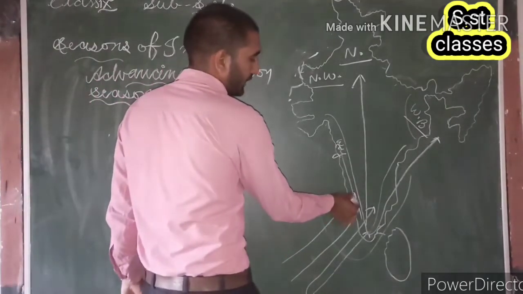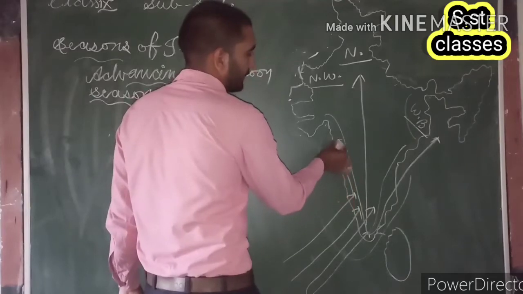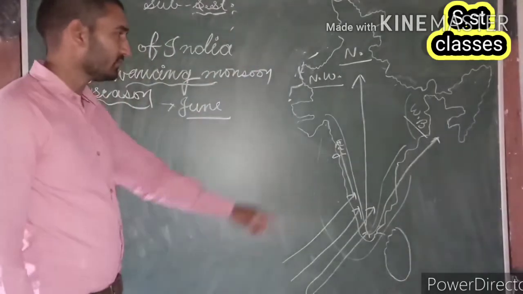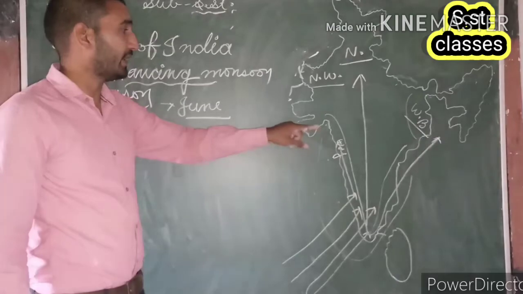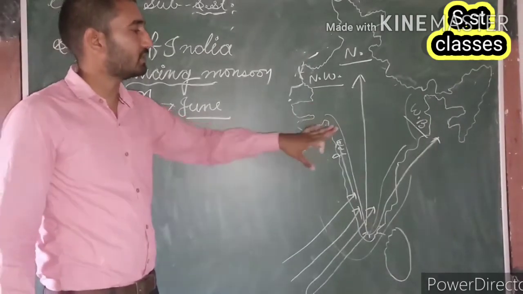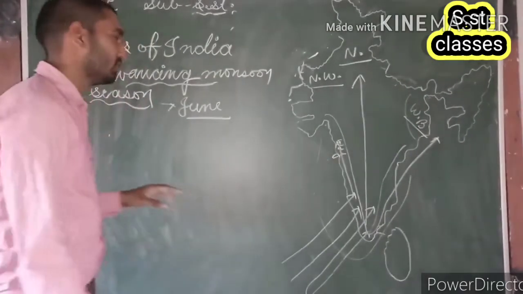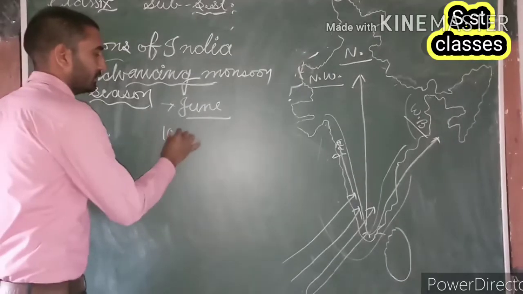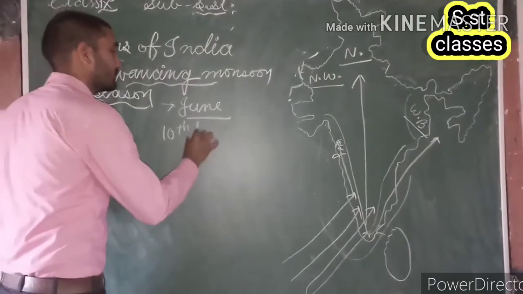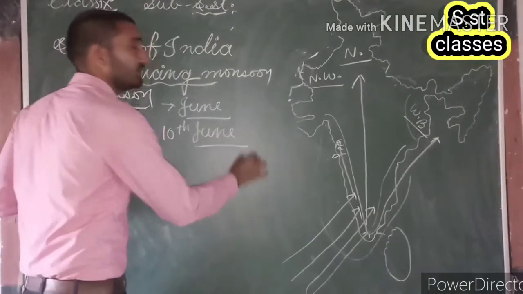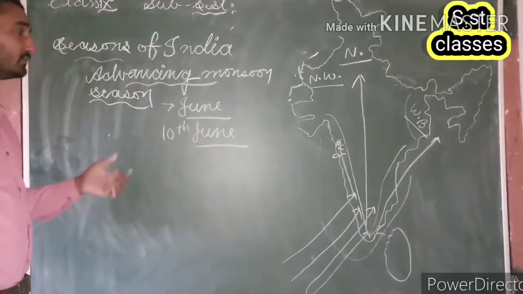And this Arabian Sea branch advanced parallel to the western slopes and finally reached Bombay till 10th of June.